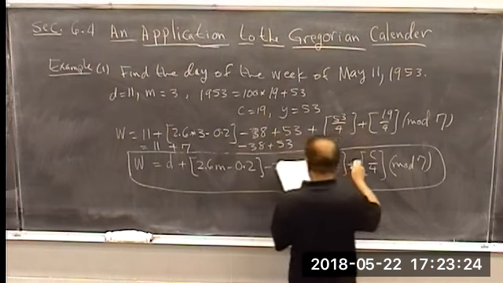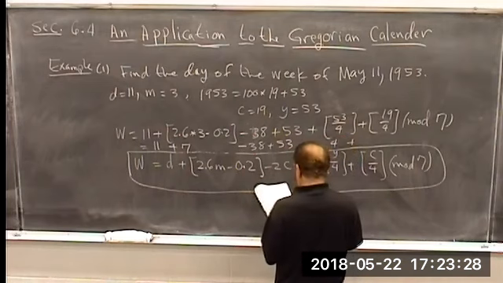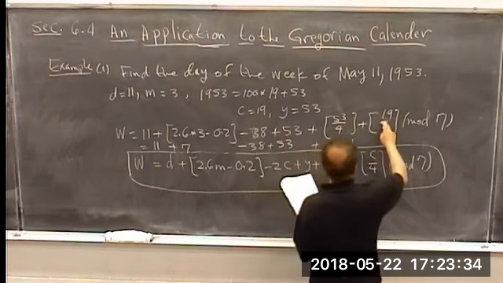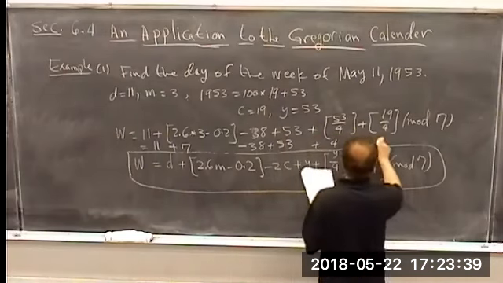And 19 over 4, this gives you 3 actually. All right. Mod 7.